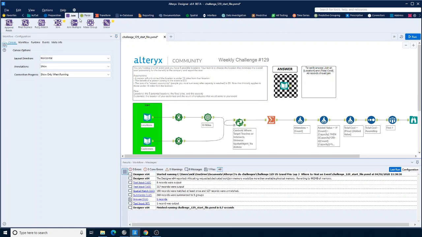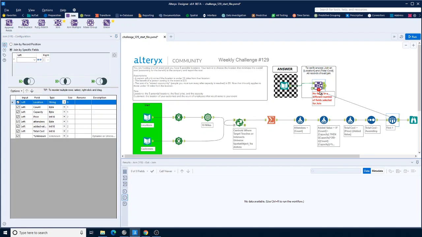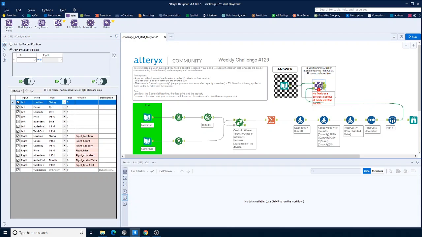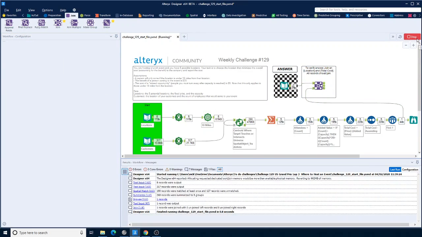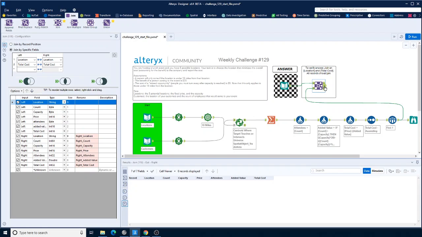Okay, and then what we can do is bring in a join, and we want to join on location and total cost. If they match, all records should join. Okay, so let's just run that. Okay, so we've got one in the middle, none on the left, none on the right, so they all join.